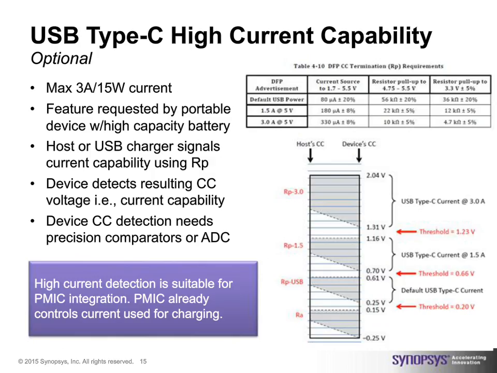You need some precision comparators or an analog to digital converter. But keep in mind that the PMIC or power management IC in a typical chipset for the kind of products we're talking about already controls the current used for charging, and this detection is easy and very suitable for integration in the PMIC.